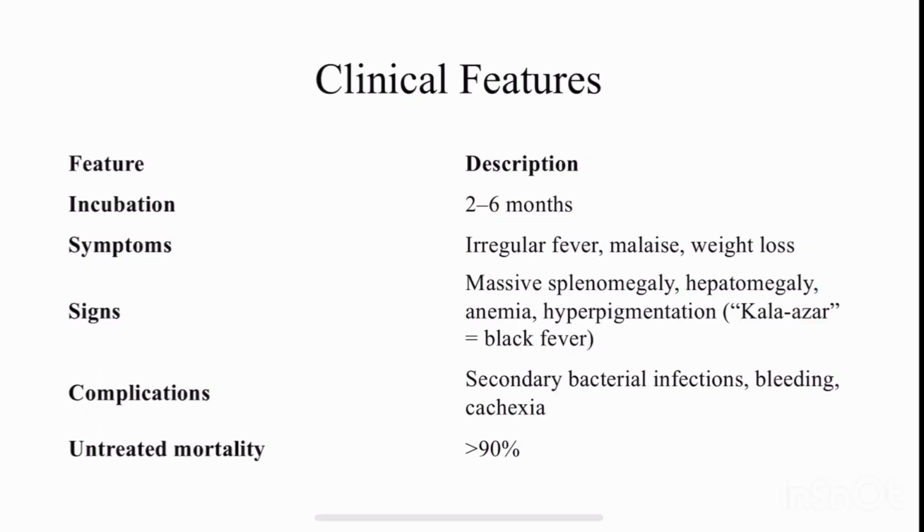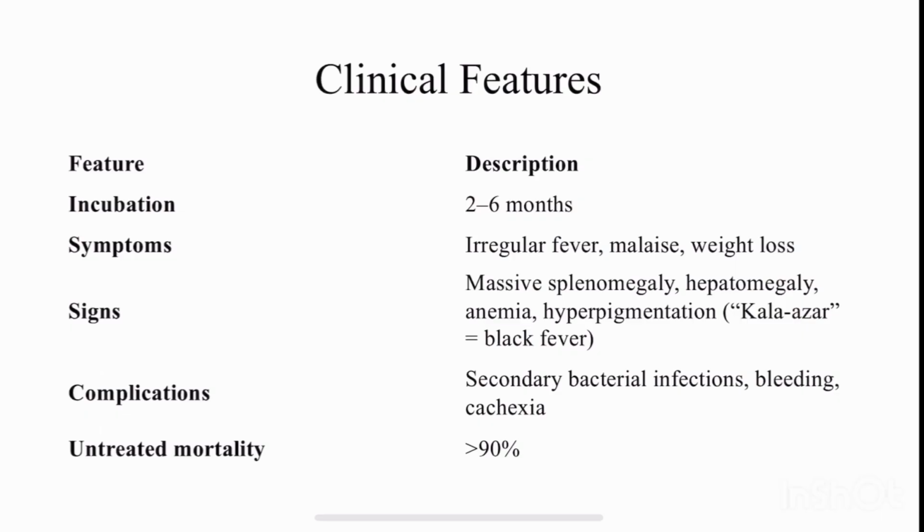Okay, complications: the immune system is highly compromised in these patients because of the constant attack by the protozoa. So in the later phase of the disease, patients can easily have secondary bacterial infections, bleeding, and cachexia.